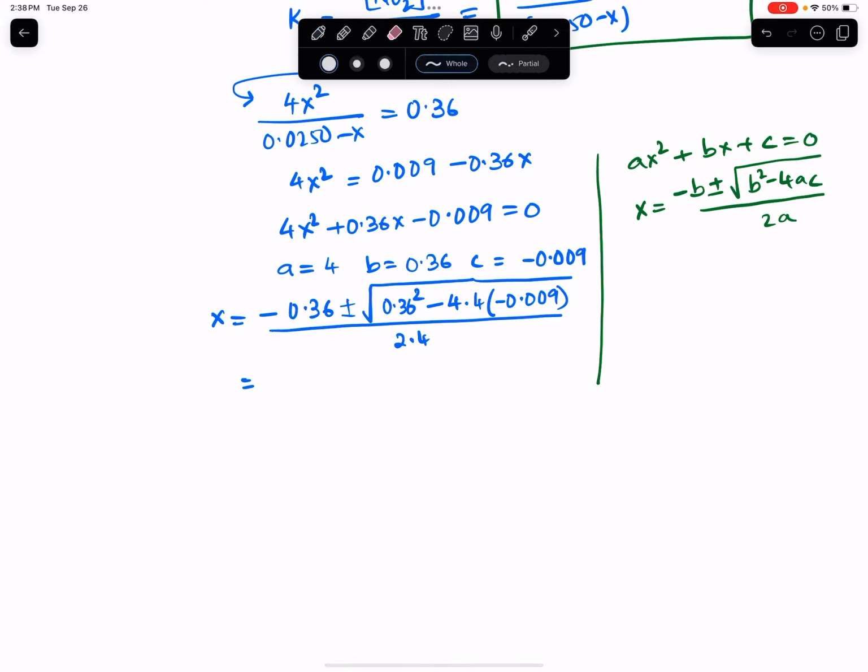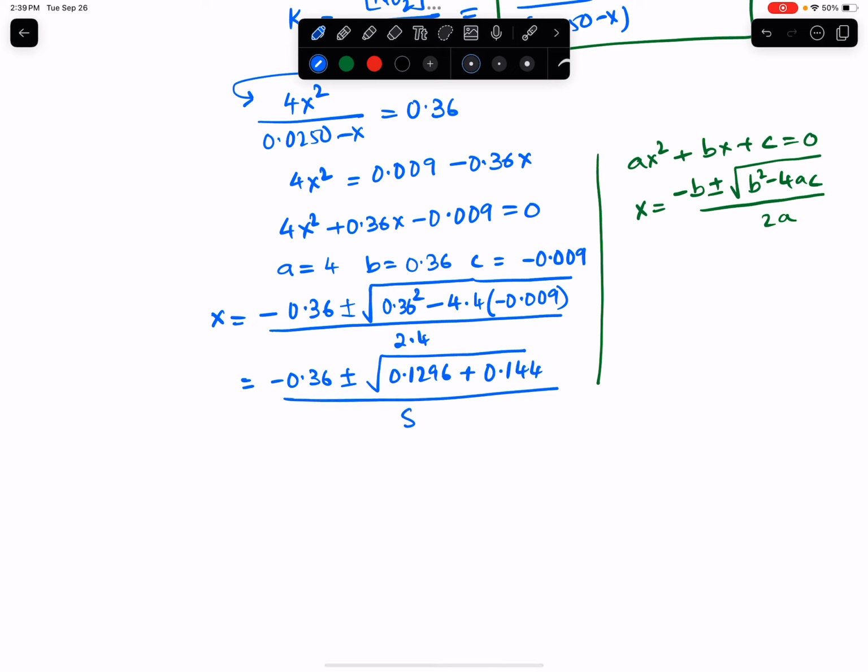All right. So once we have this, now let's simplify what's under the square root sign. I'll leave everything else as is. So negative 0.36 plus or minus the square root of 0.36 squared, which gives us 0.1296, minus this entire expression, which simplifies to 0.144. That ends up being negative 0.144, and then coupled with this negative sign, that makes it a positive 0.144. The whole thing is over 8.